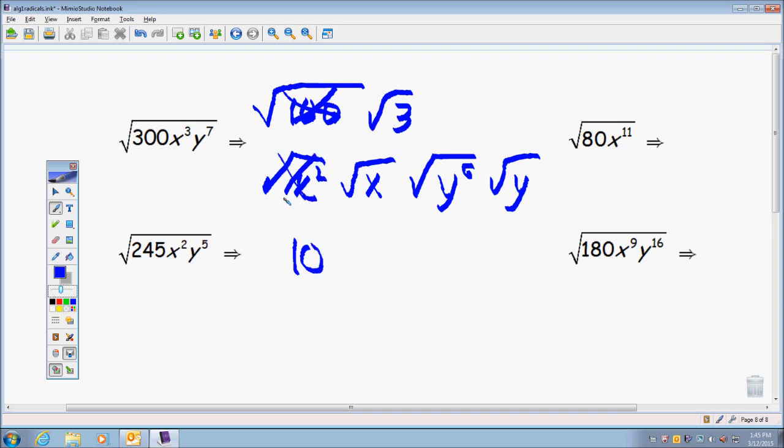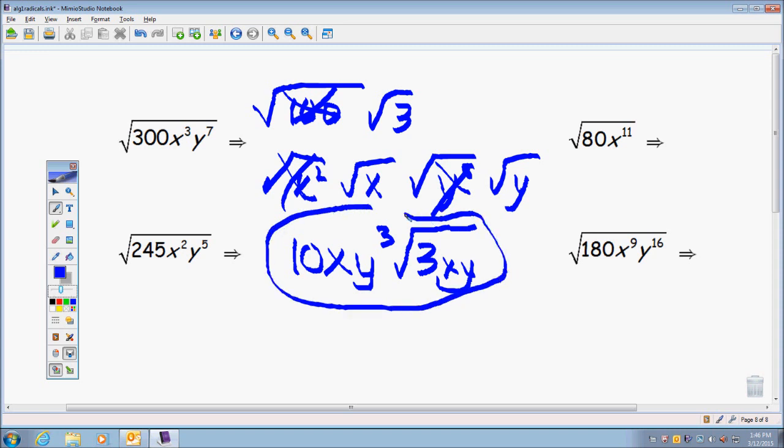That's an x. Skip you. That's a y cubed. And then what we have left over is everything that's inside. 3xy. You're stuck inside. Maybe you didn't do your homework and you're grounded and you have to stay inside.